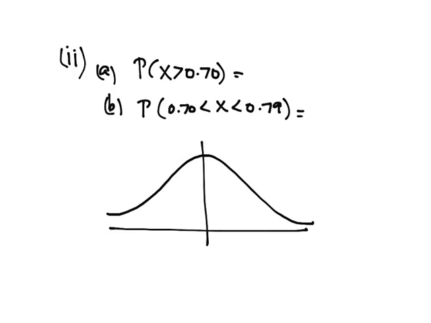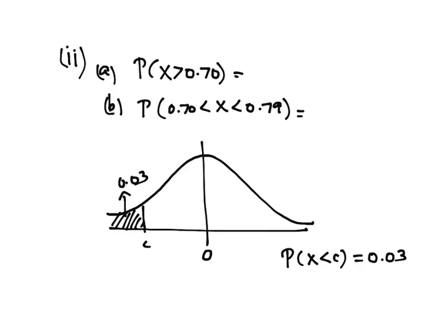This is 0. 3% of the population have a reaction time less than C, so I have C here. So the probability of X less than C is 0.03, 3%. Find the value of C.